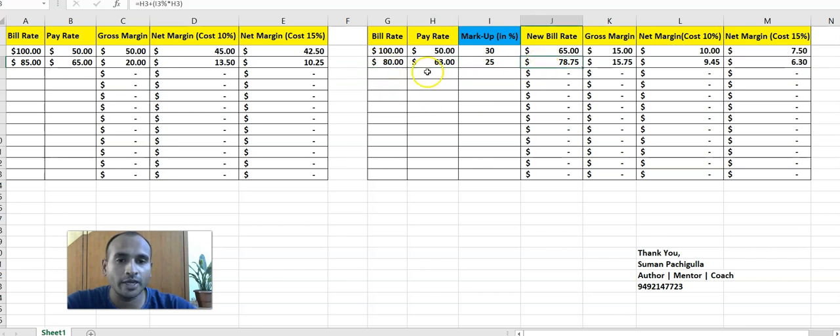But you want to go to 80. Now you will pay a little bit more. Let's say 64. If you pay 64 to the candidate, you are matching the exact bill rate here. See? If you are paying more, you are getting more: 16 and 9.6. If you pay less, 50, you are going to get less. So that is the funda in markup kind of business.